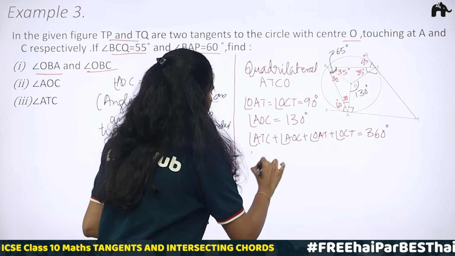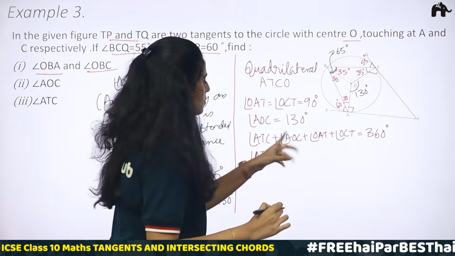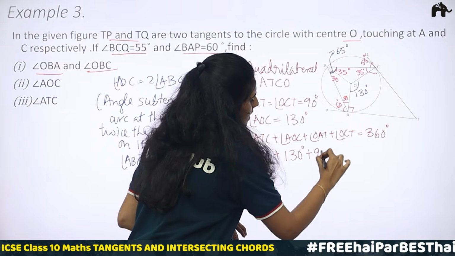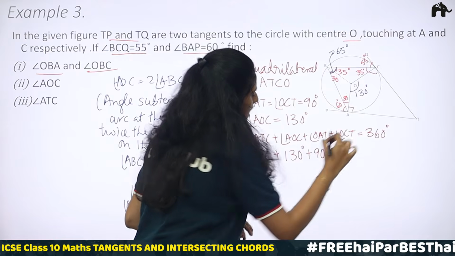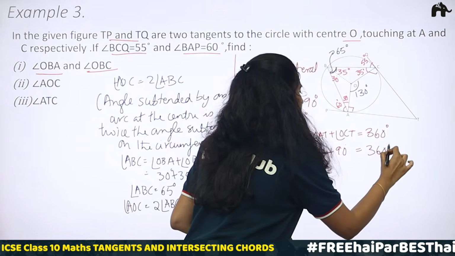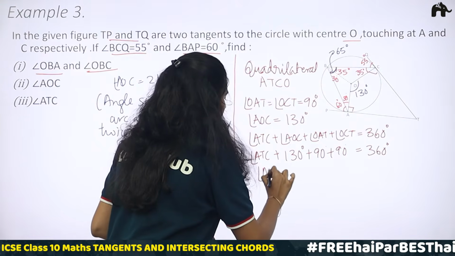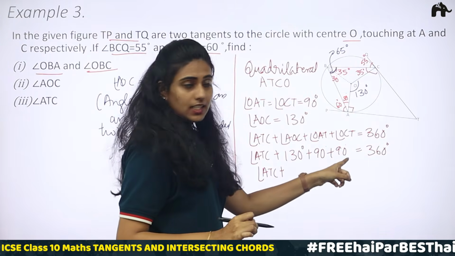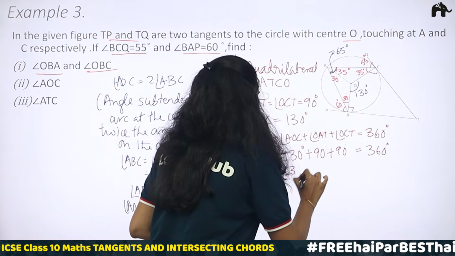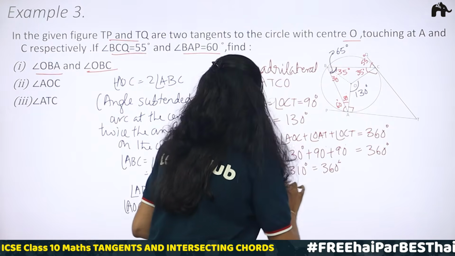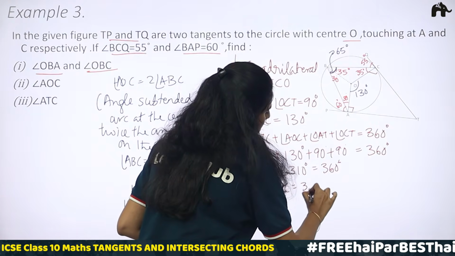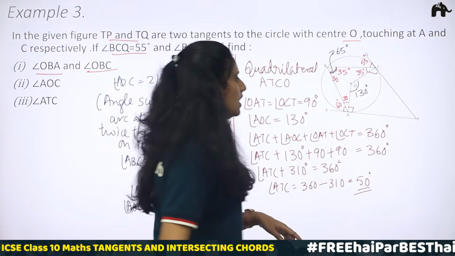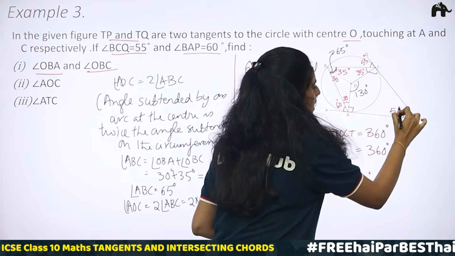Putting in the values, angle ATC plus 130 plus 90 plus 90 is equal to 360 degrees. 130 plus 90 is 220, plus 90 is 310 degrees. Therefore, ATC is equal to 360 minus 310, which is 50 degrees. The measure of angle ATC is 50 degrees.